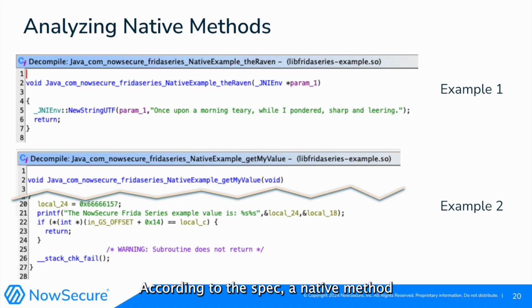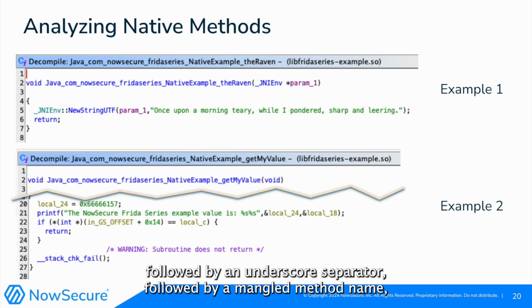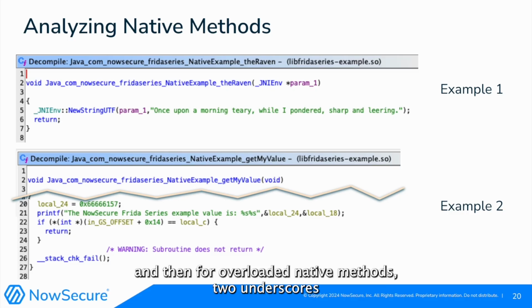According to the spec, a native method name is concatenated from the following components. First, the prefix Java, then an underscore separator, followed by a mangled fully qualified class name, followed by an underscore separator, followed by a mangled method name, and then for overloaded native methods, 2 underscores, followed by the mangled argument signature.